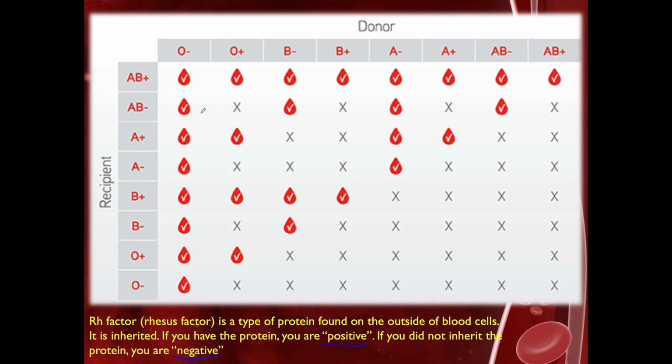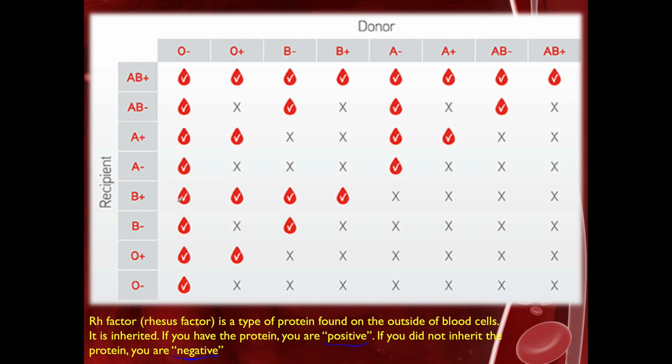So we have to factor this additional antigen in when we talk about the ability to donate or not donate blood to someone successfully. Here we see an A positive person. They can receive O blood or they can receive A blood. But if we look at the A negative person, notice the O positive is taken out and so is the A positive. Again, that's because they're going to have anti-Rh factor antibodies floating around their plasma.